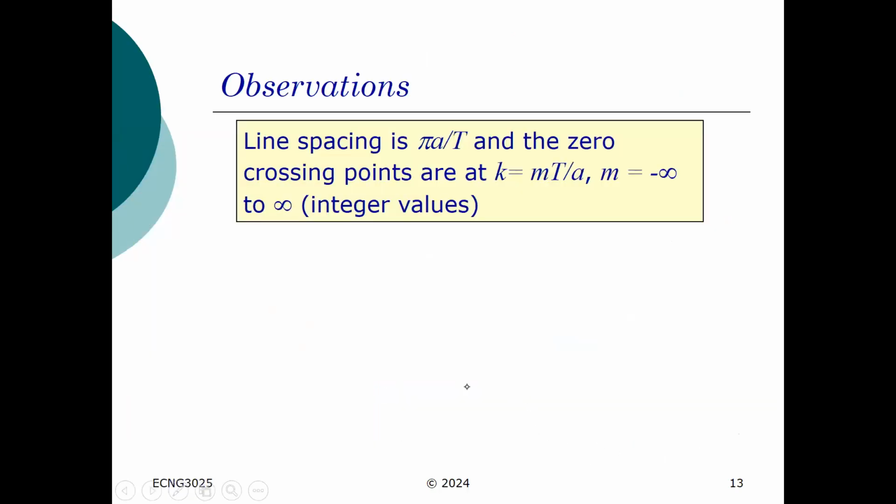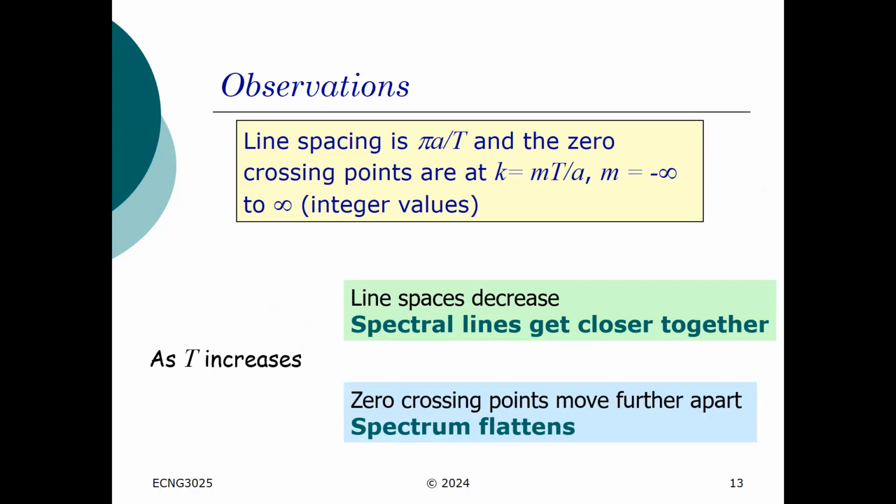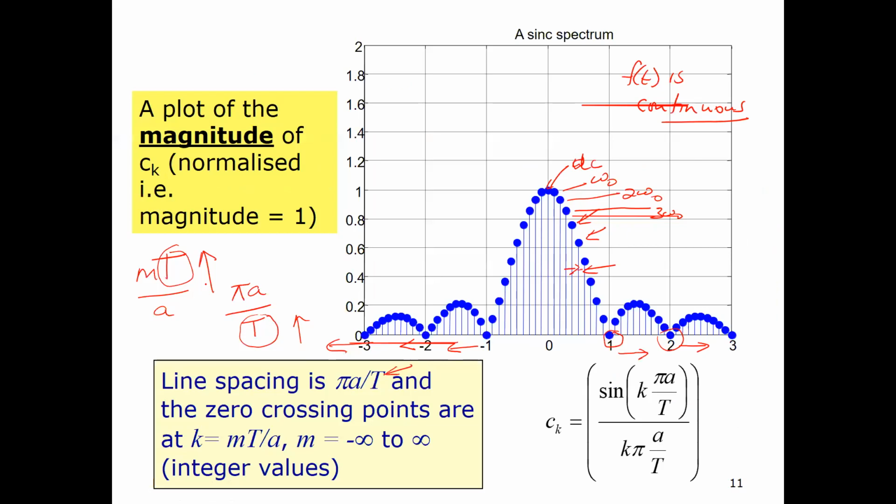So as T increases, the lines get closer together and the zero crossing points move further and further apart. In other words, the spectrum starts to flatten. If points 1, 2, and 3 start to move, then the spectrum starts to do something like this, and the more I increase T, the flatter it goes.